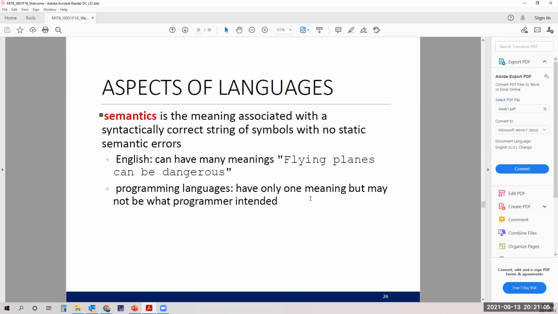In English, a sentence can have many meanings. "Flying planes can be dangerous." This is grammatically correct and meaningful, what we call semantic in programming. Programming languages have only one meaning, but it may not be what the programmer intended.